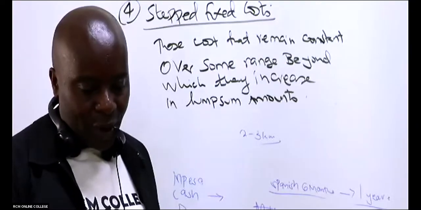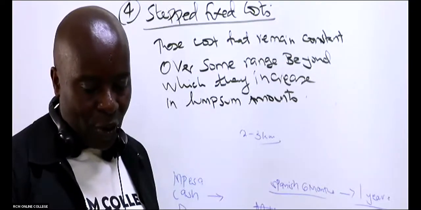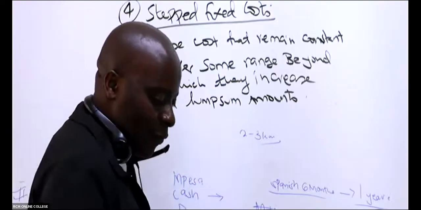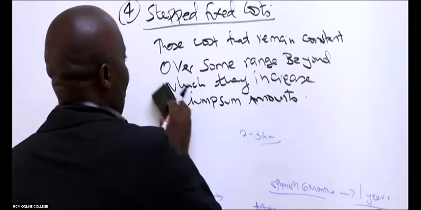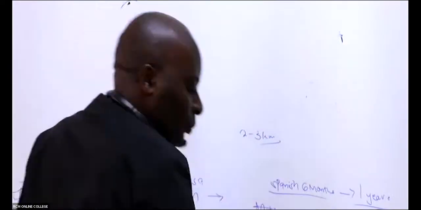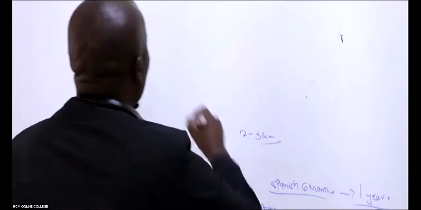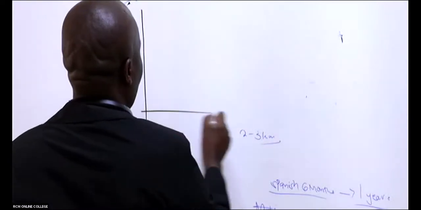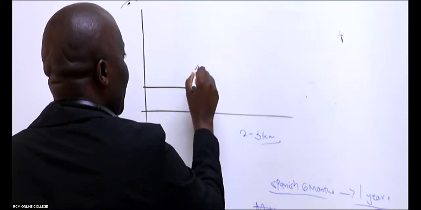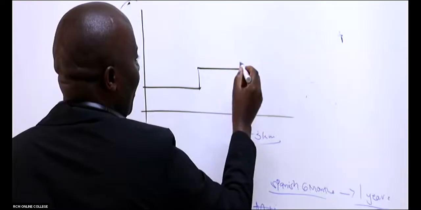Thank you so much. And if that is the case for all of us, then we have to draw some graph. We always communicate best by drawing some graph. So they remain constant over some range. Beyond this range, they increase in lump sum, and then they go like that.